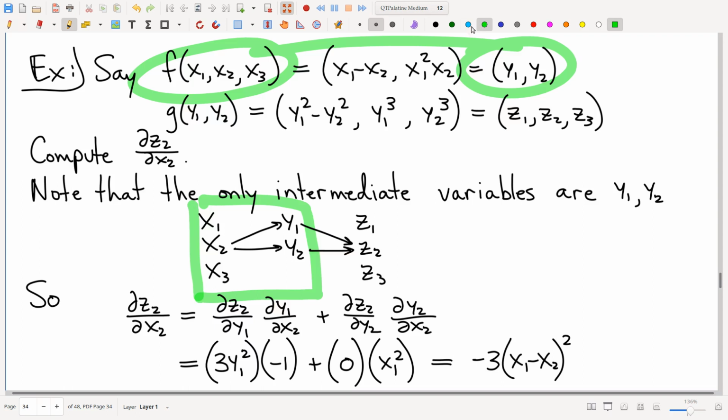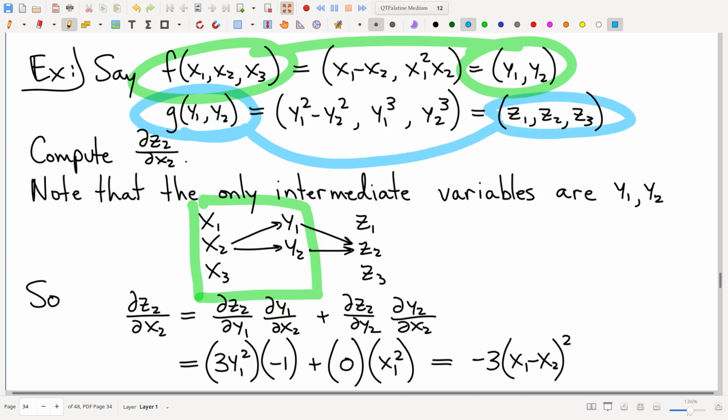Those y's then go into G and spit out z's, like so. There's a bunch of arrows that I haven't drawn because I'm not going to need them. I only drew the arrows we're going to need, to keep things simple.